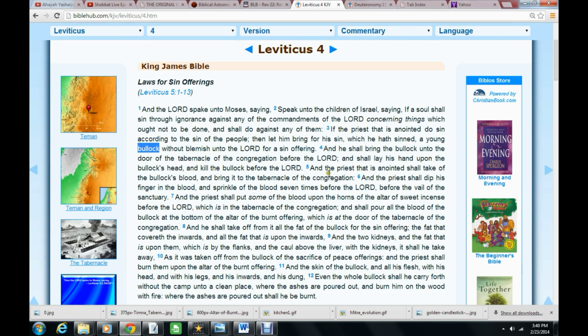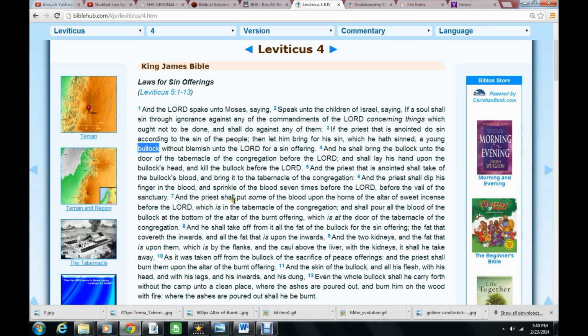And the priest that is anointed shall take of the bullock's blood, and bring it to the tabernacle of the congregation. And the priest shall dip his finger in the blood, and sprinkle of the blood 7 times before the Most High, before the veil of the sanctuary.